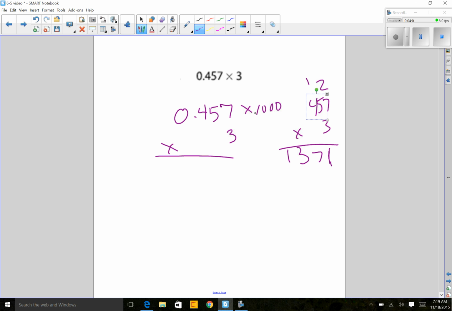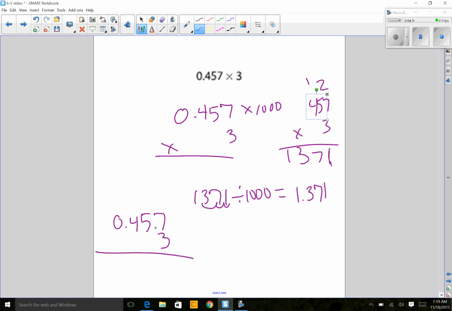Okay, so since I multiplied by 1,000 here, now I've got to divide by 1,000 here. And that would be over 1, 2, 3 places. So the answer would be 1 and 371 thousandths. And that would be the same if we go back and use that algorithm I taught you yesterday.